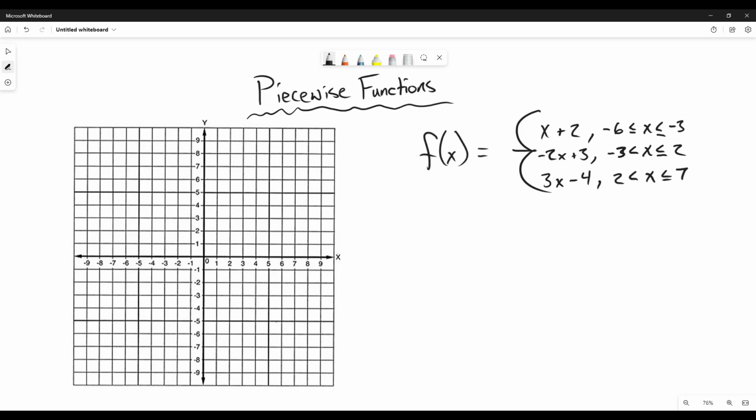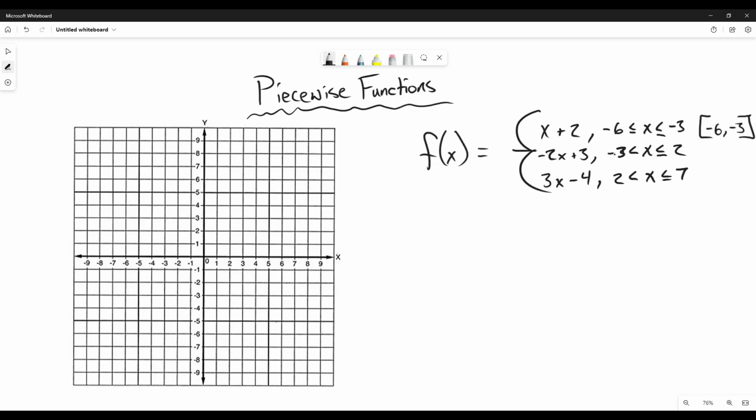So we can rewrite this -6 less than or equal to x less than or equal to -3 as bracket -6, -3 bracket. And these are brackets because these are less than or equal to, meaning that they can be on like -6.